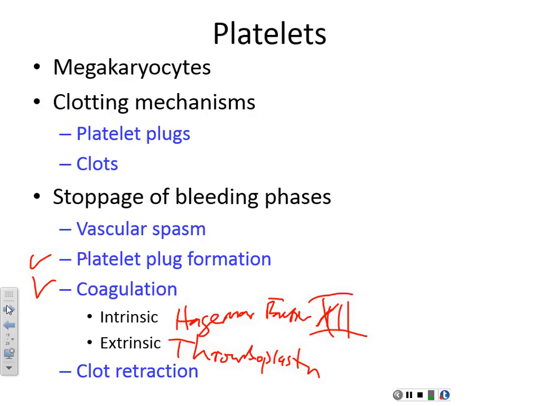Okay, so the overall mechanism, the extrinsic way or the intrinsic way, they all converge at factor 10, right? And then factor 10 will activate, together with phospholipids and the other factors, prothrombin, which converts to thrombin, and then the cascade moves on and so forth.